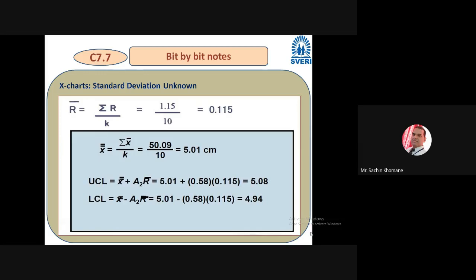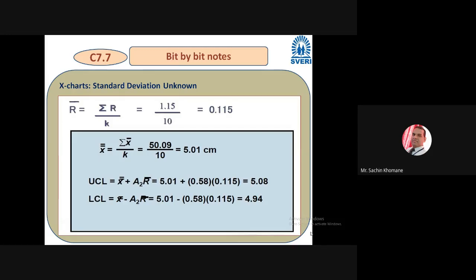And X double bar, the same answer will be there, right? Summation of X bar divided by K. 50.09 was the summation of means, and the number of readings is 10. So the answer is the same, 5.01. All readings were in centimeters, so 5.01 is the center line in that particular control chart.